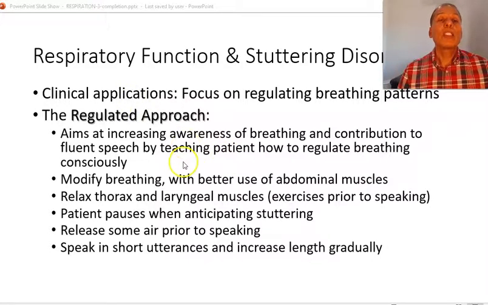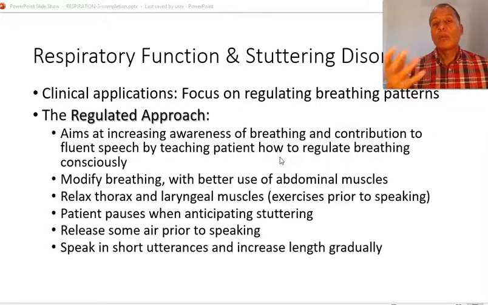The regulated approach aims at increasing awareness of how to breathe, inhale and exhale, and, for example, how breathing contributes to fluent speech.